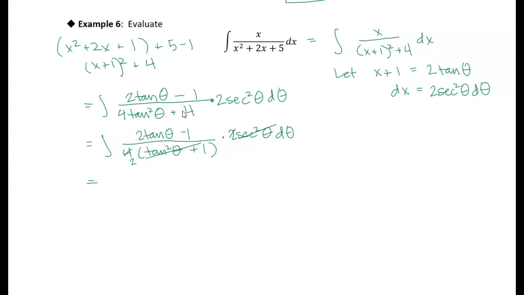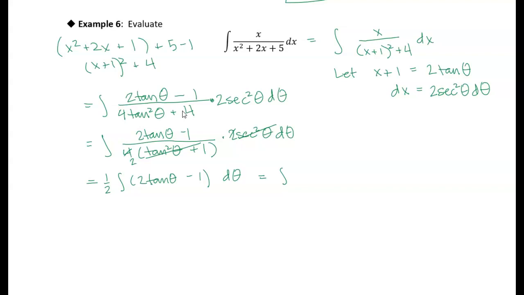So I'm just going to bring this out front. 1/2 integral of basically 2 tangent theta minus 1 d theta. Okay? All right. So I can split that up into integral of, because it's basically the sum of 2 tangent theta plus a negative 1.